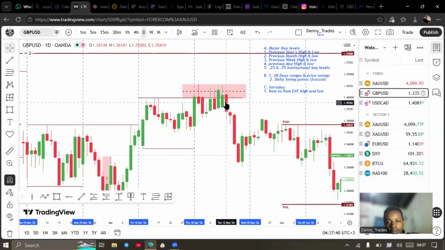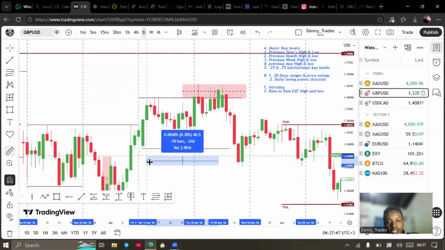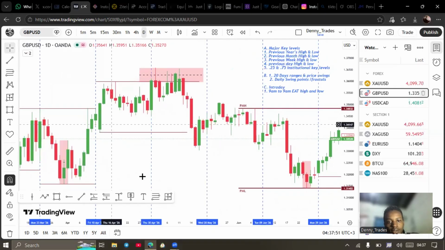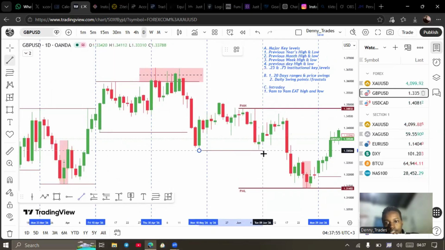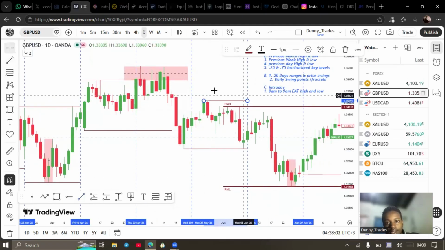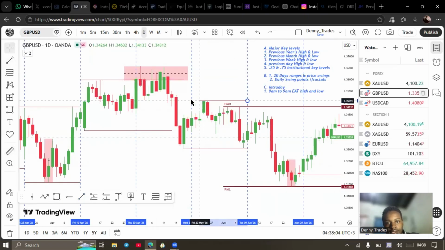But then again, you see price broke out of this consolidation and traded below the previous 20 days range low right here. And that is basically what price has been doing, trading below previous 20 days range lows and highs. Okay, you can see it didn't trade above that previous 20 days range high when it opened right here, but it traded.